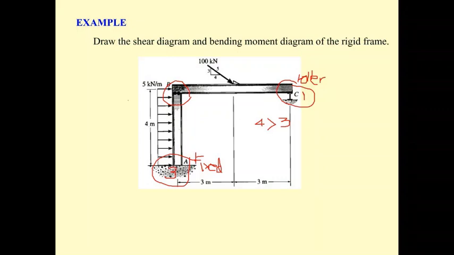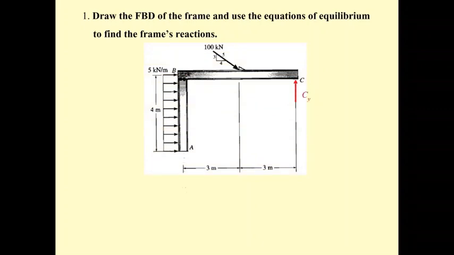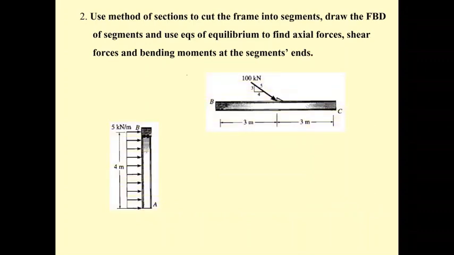Since this connection is a hinge, a kind of support that cannot take moment, we need to separate the column AB from the beam BC.